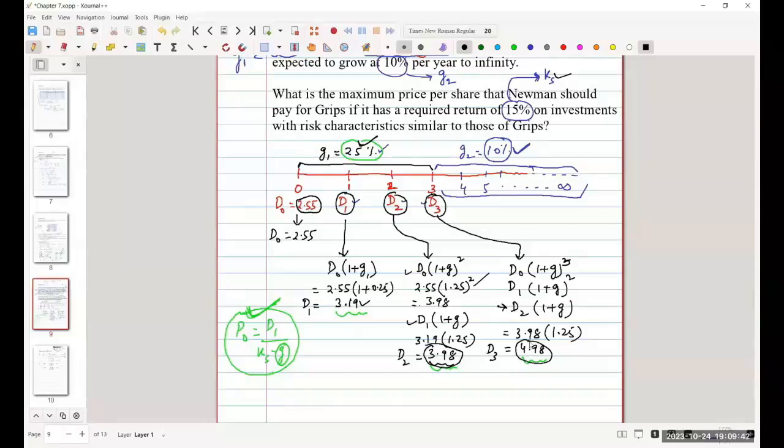Having calculated these values, we realized that though we will get these dividends at different points in time in the future, we need to know how much they are worth in today's terms, which meant that all of these 3 items, 3.19, 3.98, and 4.98, must be taken back to time 0 by discounting them or by computing their present values.